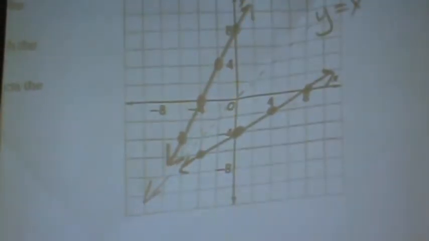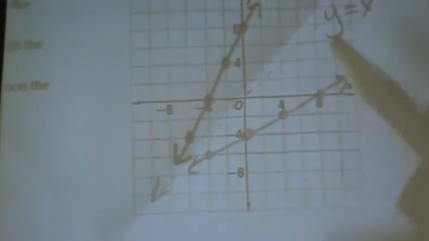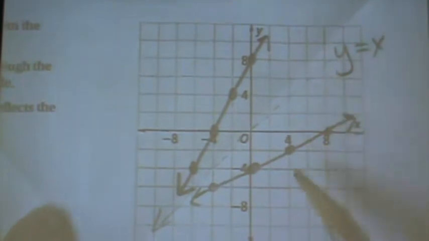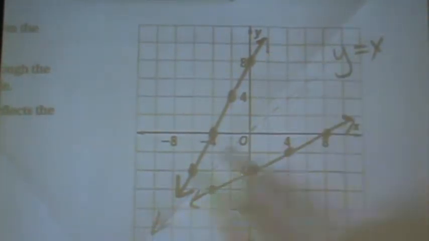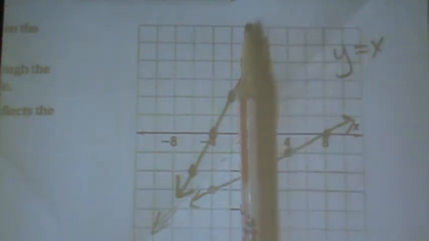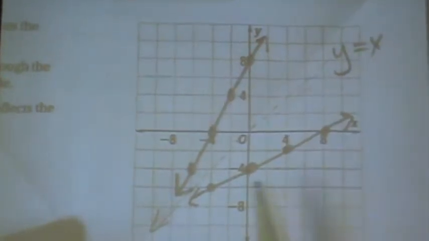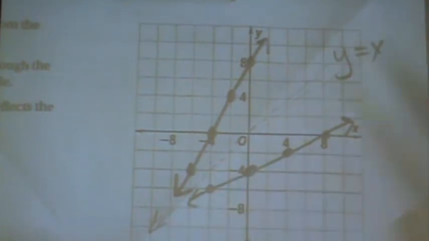It sure does. So you should be able to check for the symmetry if you fold it over the line y equals x, just like when we did even functions. For even functions, you folded over the y-axis, and if it had symmetry to the x-axis, you folded it on the x. And in this one, you fold it on the line y equals x, and that tells you that you have an inverse. Okay? All right, next.